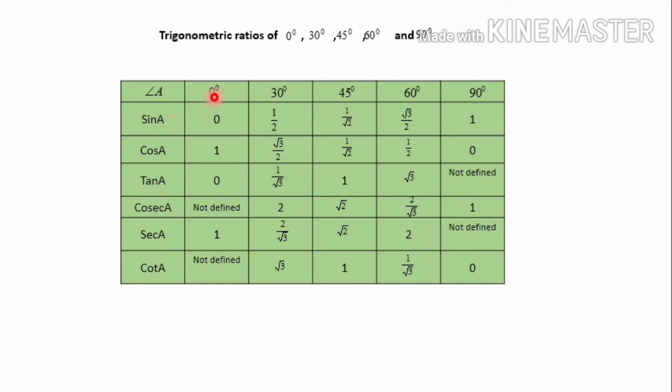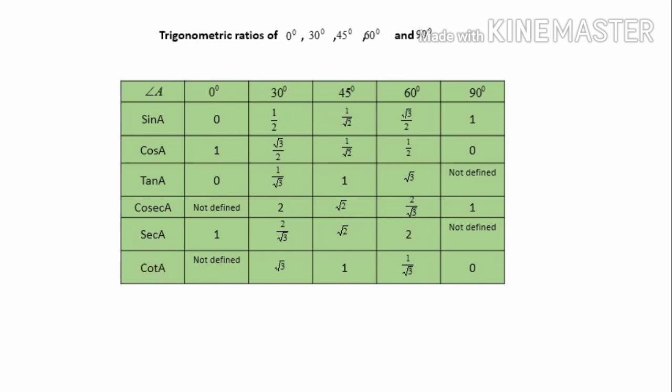Sine 0 is 0. Sine 30 is 1 by 2. Sine 45 is 1 by root 2. Sine 60 is root 3 by 2. Sine 90 is 1. In a similar way, we can read the cos, tan, cosec, sec and cot values.